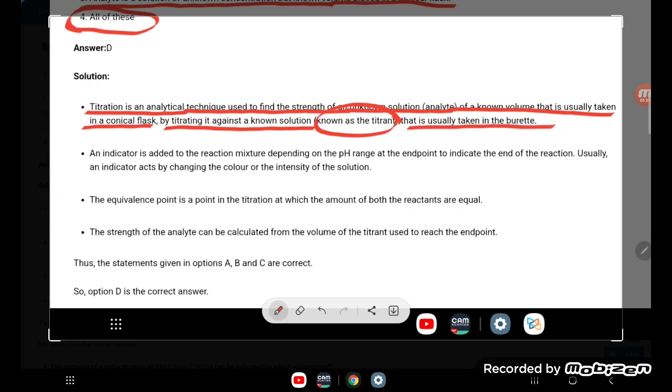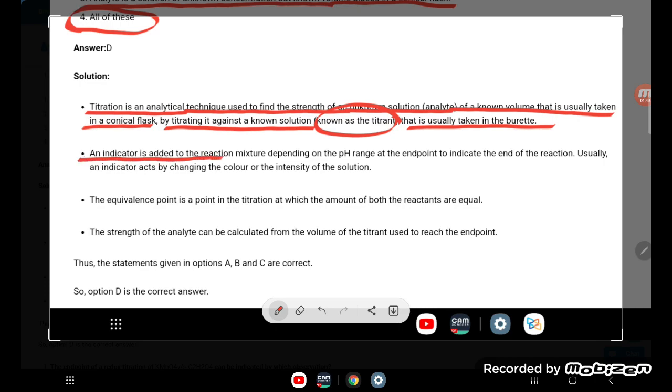So the known concentration solution is taken in the burette and the known volume is taken in the conical flask, and then we are titrating slowly. So we are going to measure the concentration of the unknown solution.